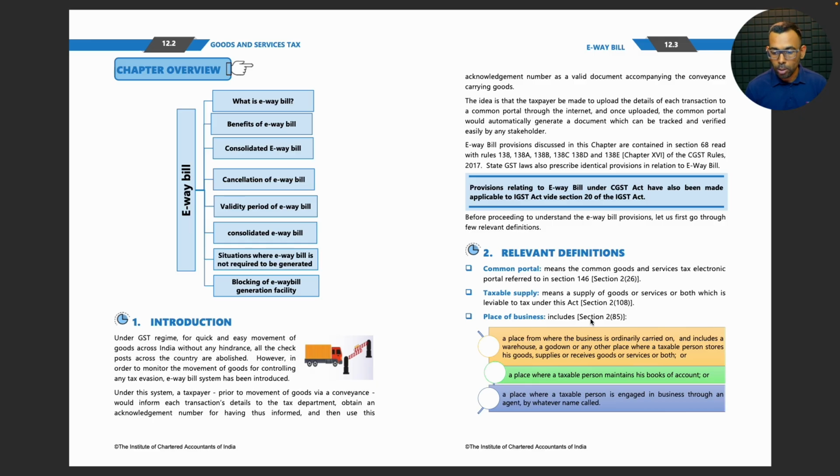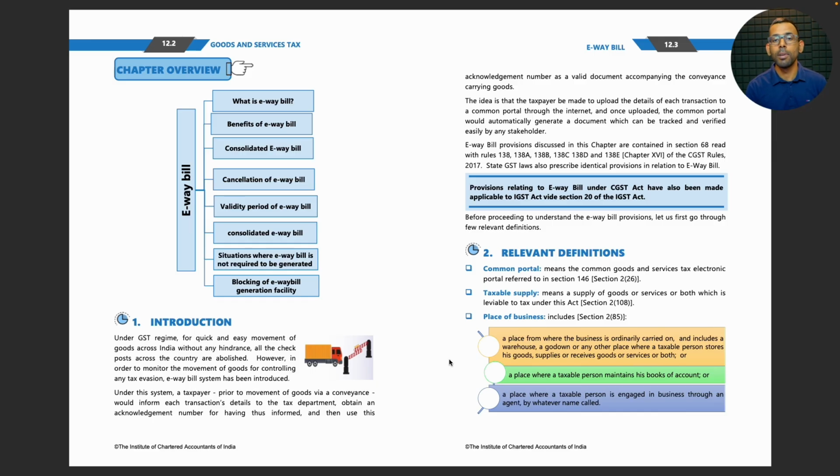Place of business is an inclusive definition. It includes a place from where the business is ordinarily carried on, and includes a warehouse, a godown, or any other place where the taxable person stores his goods, supplies or receives goods or services or both, or a place where a person maintains his books of account, or a place where a taxable person is engaged in business through an agent by whatever name called.